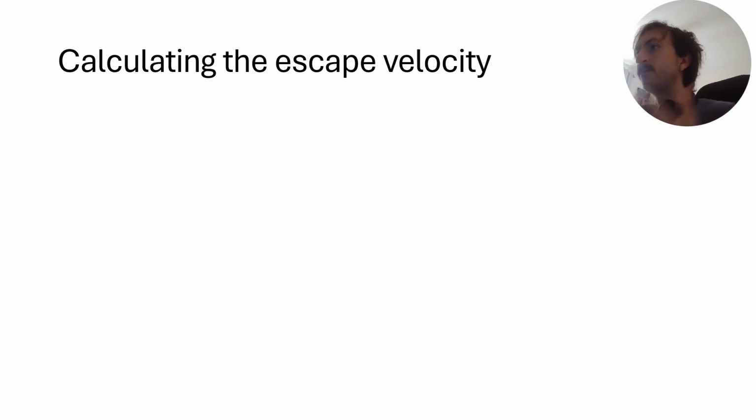However, if we're considering escape velocity, we tend to be considering something trying to escape from the surface of the planet or object, meaning the kind of gravitational potential energy we're interested in is the gravitational potential energy for something at the surface of a spherical body.